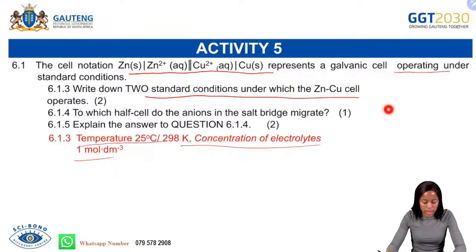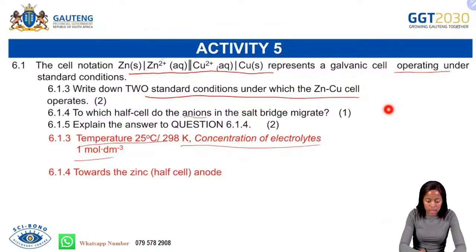6.1.4, it says to which half cell do the NO3- ions in the salt bridge migrate? Remember, we spoke about that. We said the ions are going to migrate to the anode, because we used the cell notation.